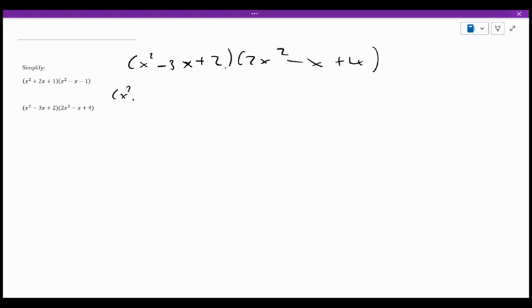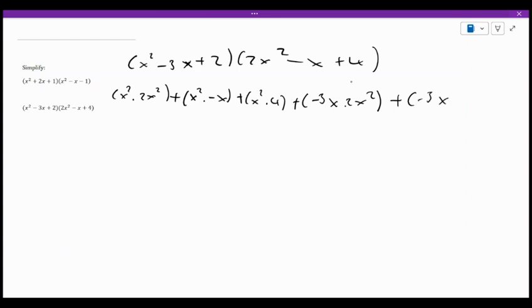This is x squared multiplied with 2x squared plus x squared times negative x plus x squared times 4 plus negative 3x times 2x squared plus negative 3x times negative x.